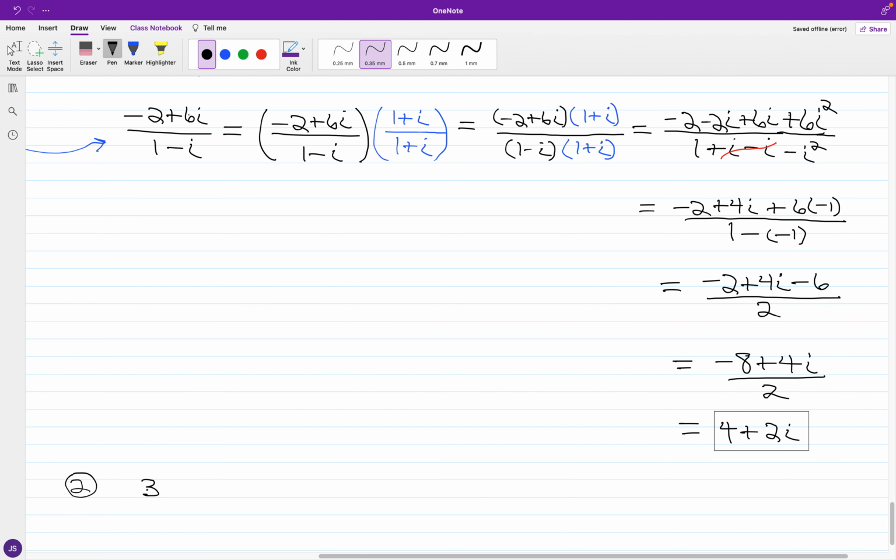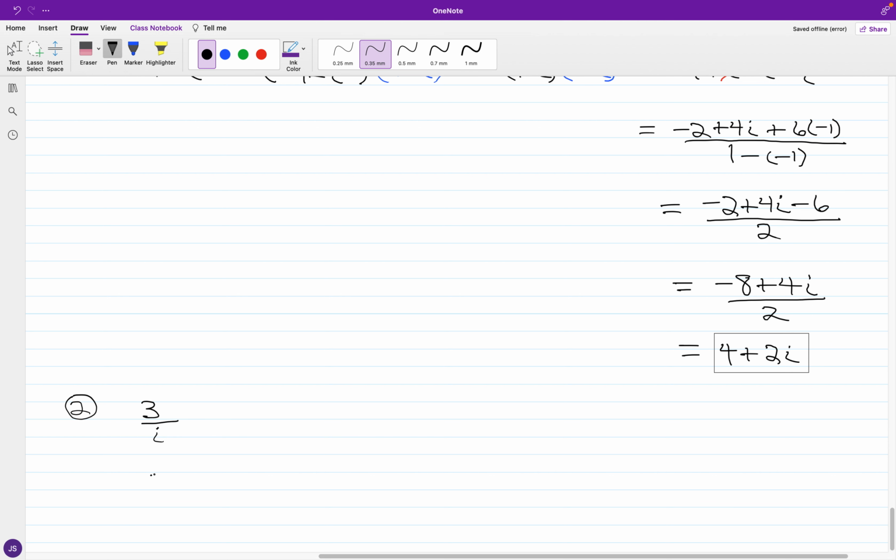If I have just plain 3 over i, and I want to put this in standard form, the denominator is i, and I multiply by the conjugate of the denominator, which is going to be negative i.